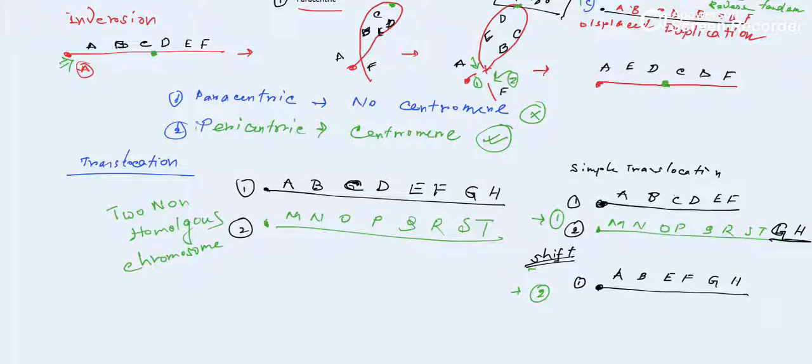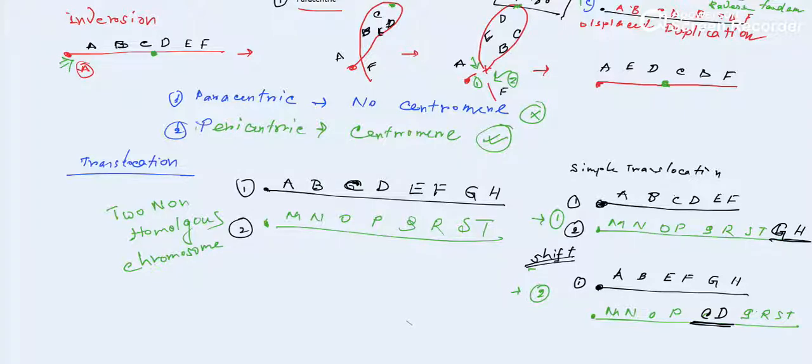In the second chromosome, M, N, O, P, C, D, Q, R, S, T is present, with CD getting attached in this part.